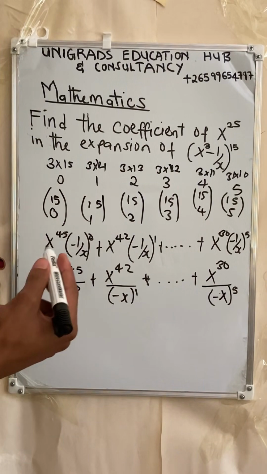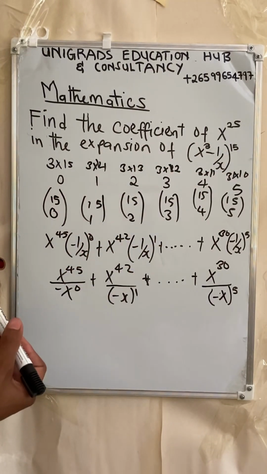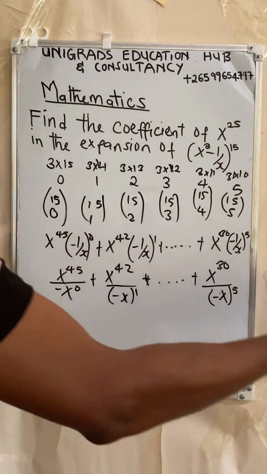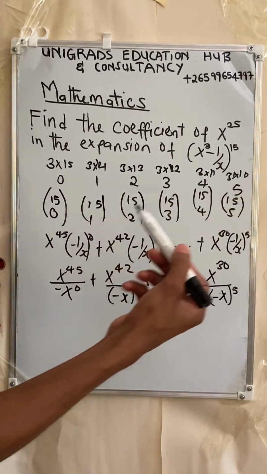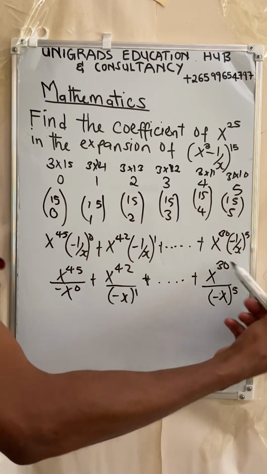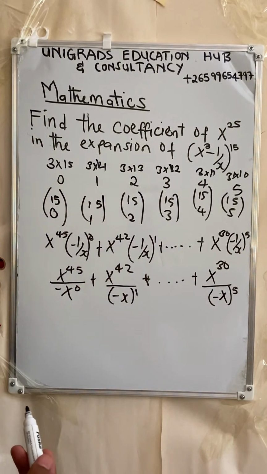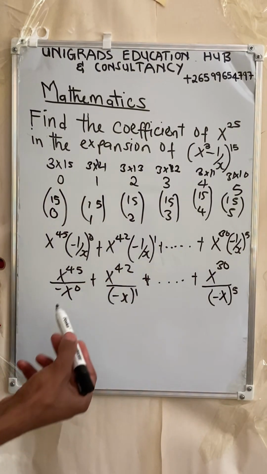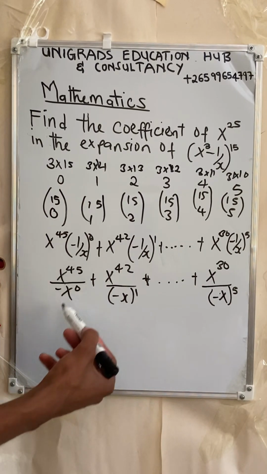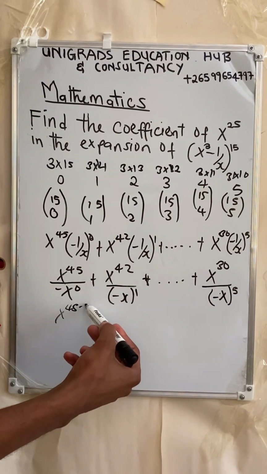Remember, our task is to find the coefficient, and by binomial expansion, these will be our coefficients, and each term is under each coefficient. Our role here is to find the term x to the power 25. The laws of indices say that when the base is the same, the powers subtract.